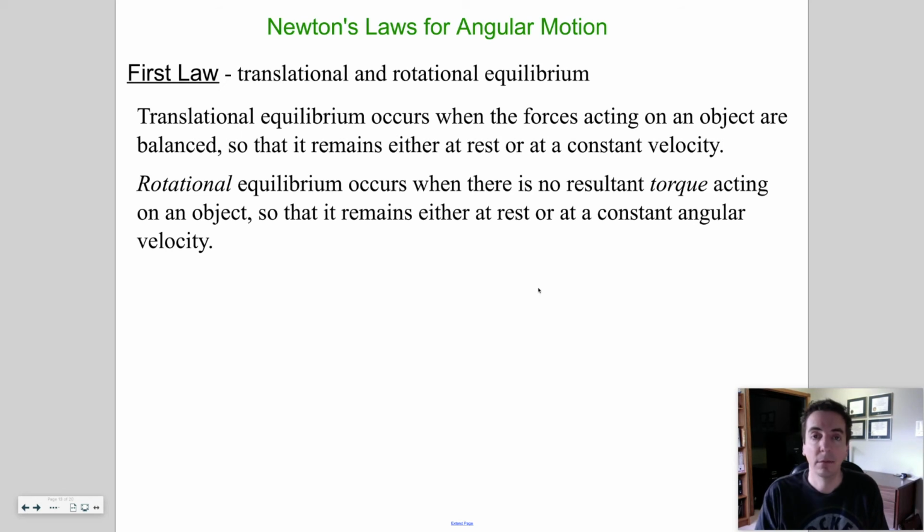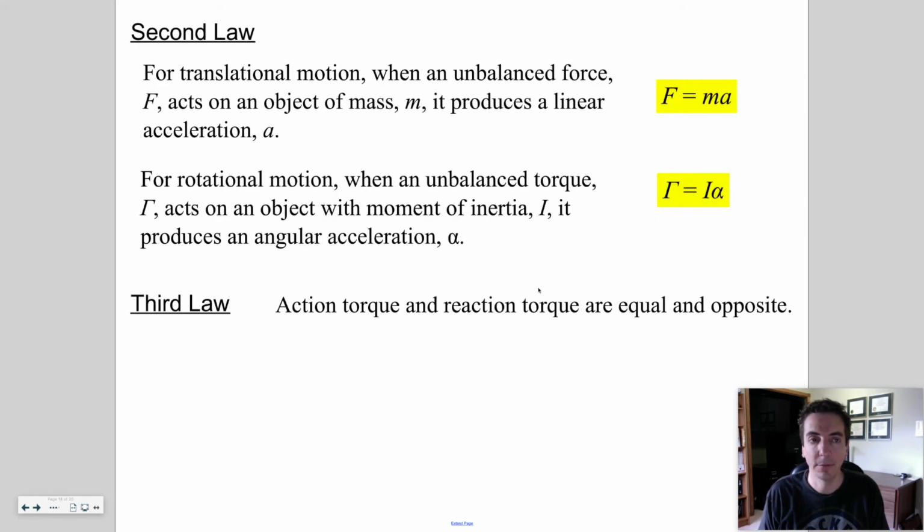So same thing: when an object is experiencing balanced forces, it remains at rest or at a constant velocity. Rotational equilibrium, however, where it remains rotating at a constant velocity or at rest, is when there is no resultant torque acting on an object. So same thing, but in a different circular or angular context.